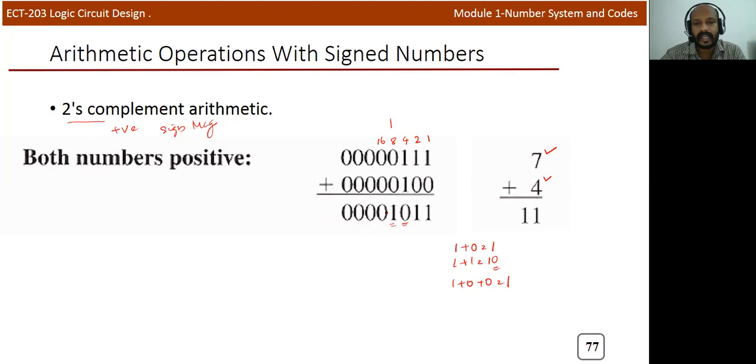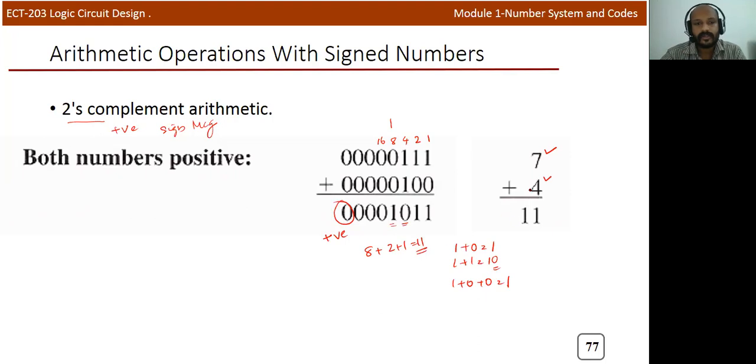After completing the addition, we need to verify the MSB bit. The MSB bit is 0, so that indicates the result is positive, and the representation is a direct representation. Since it is a positive number, we can find the value by comparing the weights. Here it is 8 plus 2 plus 1, which is equal to 11.